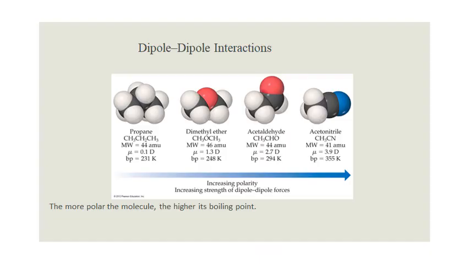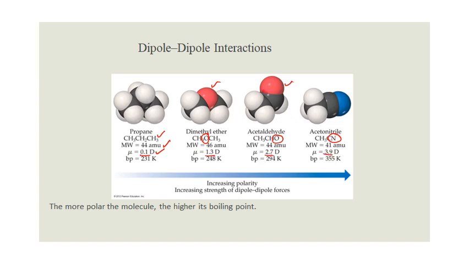Now look at these examples here. We can see different molecules with a similar molecular weight. The only difference is that one of the atoms is replaced by a highly electronegative element. In this case, we can see one oxygen, and in this case, again one oxygen, but in this case, nitrogen, and there is no oxygen in this case, only carbon and hydrogen. So that makes a difference in the polarity. The dipole moment in this case is 0.1 D, in this case 1.3, 2.7, and 3.9.